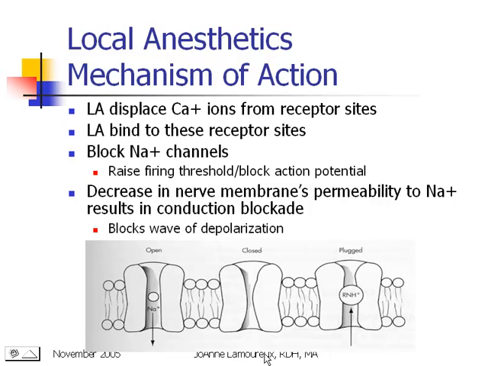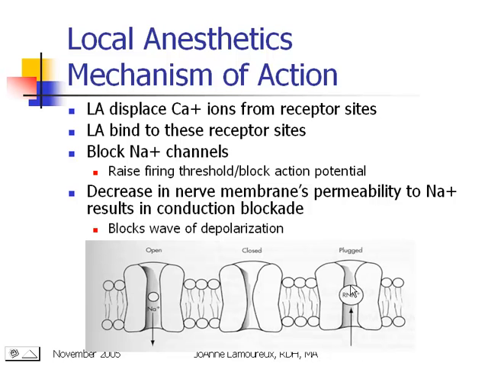When we administer local anesthetics, they cross this nerve membrane, get inside the axoplasm of the nerve, and go up inside these sodium channels and displace the calcium. They can literally remove the calcium from its binding site and take the place of the calcium, but instead of being displaced when something stimulates the nerve, the local anesthetic molecule stays attached.